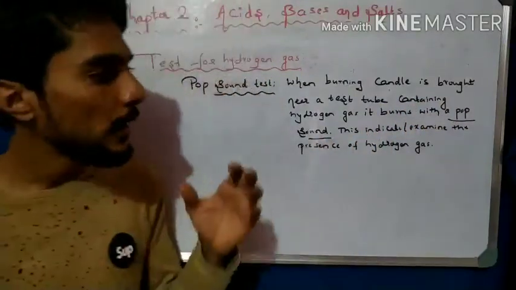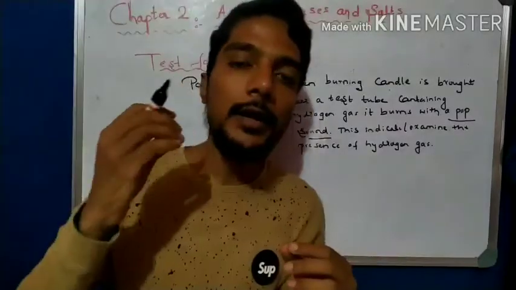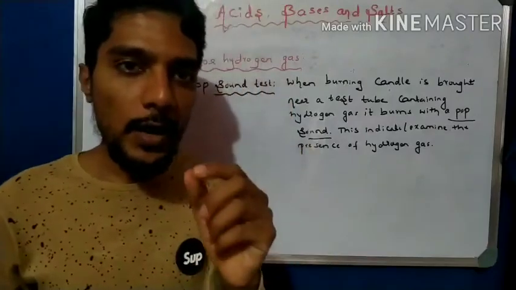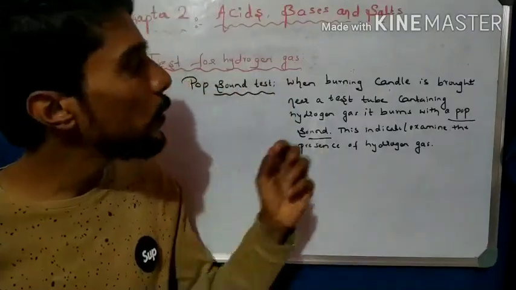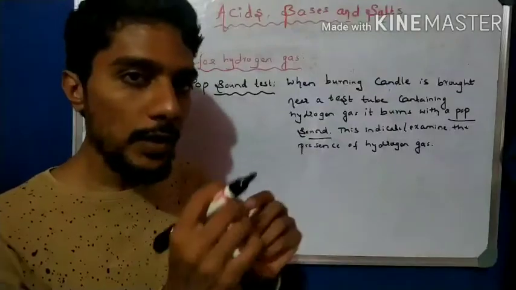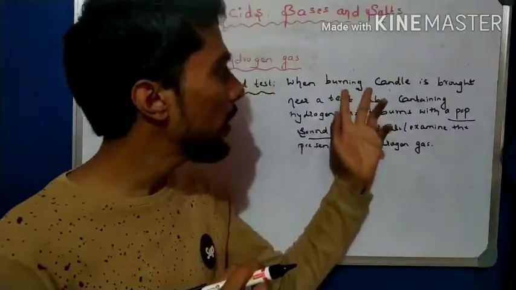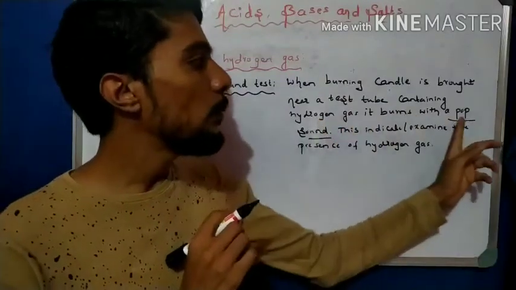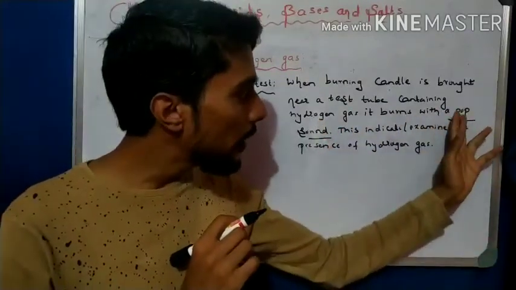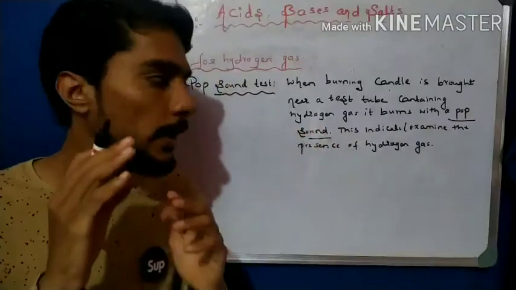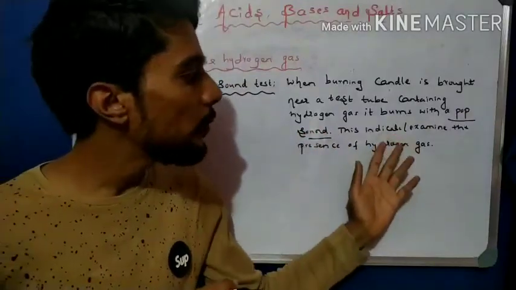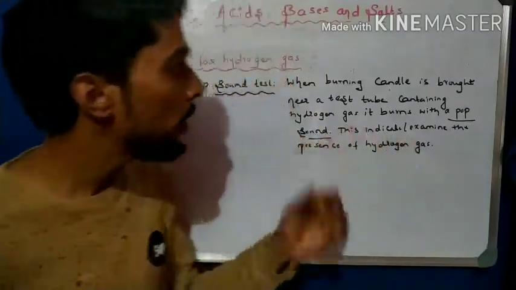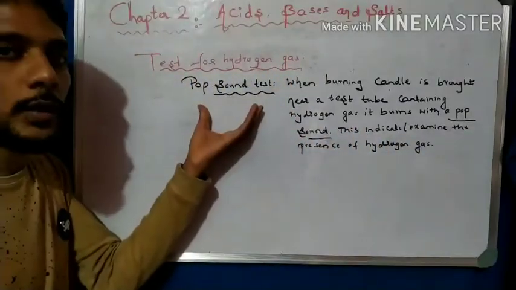A simple experiment: take a metal and add it into any acid, so hydrogen gas is liberated. When that gas is brought near the burning candle, it burns with a pop sound, and hearing the pop sound indicates the presence of hydrogen gas. So that is the very simple hydrogen gas test, the pop sound test.